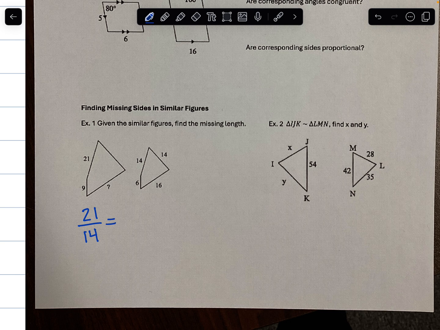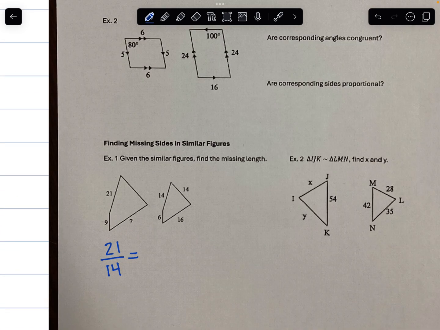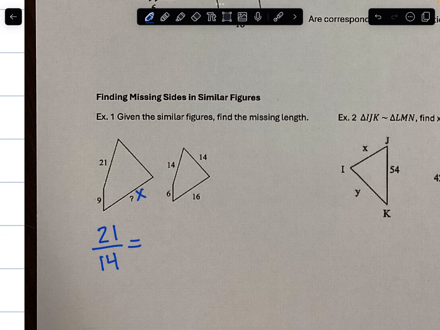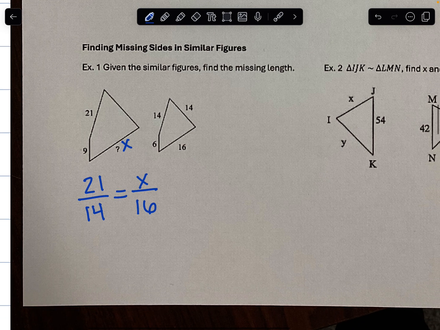And then what do I want to set that equal to solve for the missing side? X over 16, right? We'll call this missing side x, and that side is proportional to 16. Okay? Now, you guys did a lot of these problems yesterday. How do I solve for x? Yeah, cross multiply, right? So I get 14x is equal to, what's 21 times 16? 336, yeah.